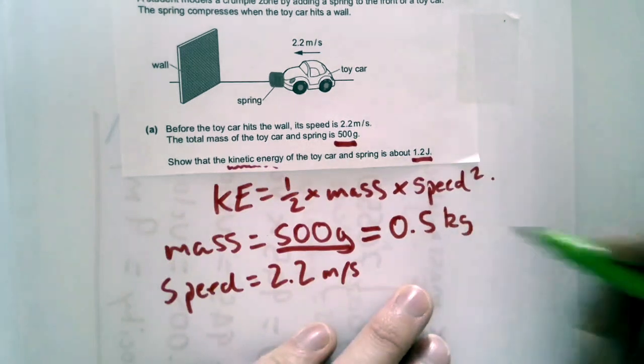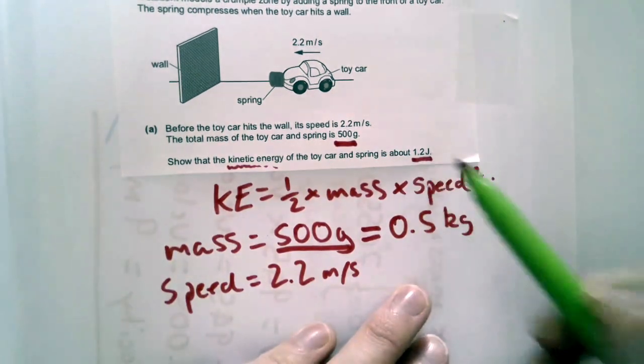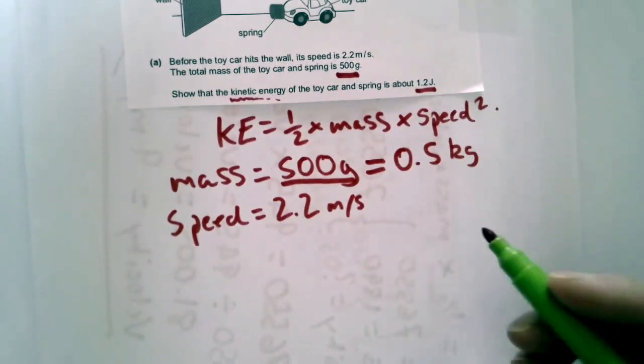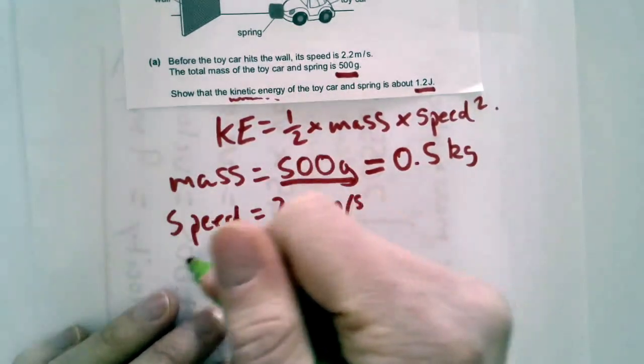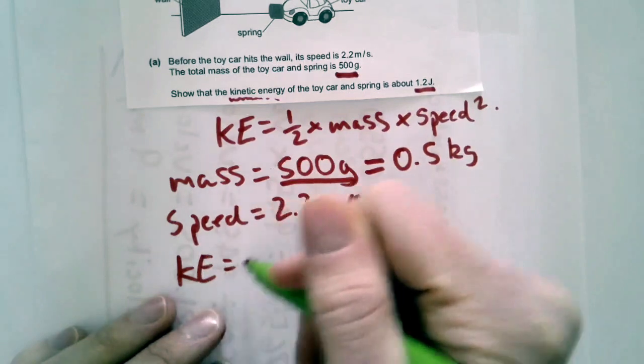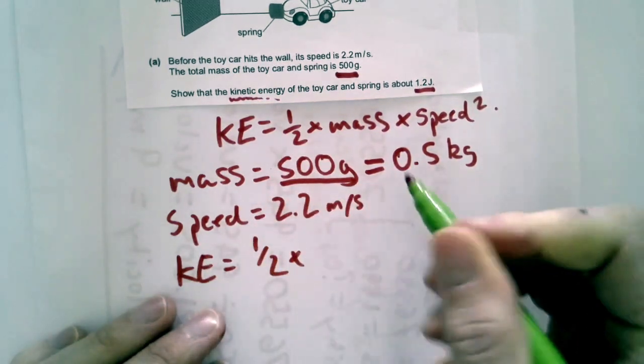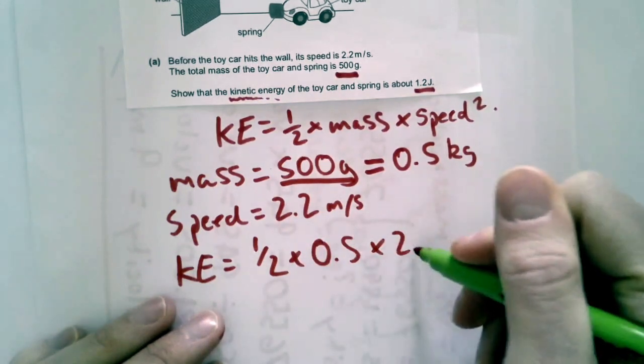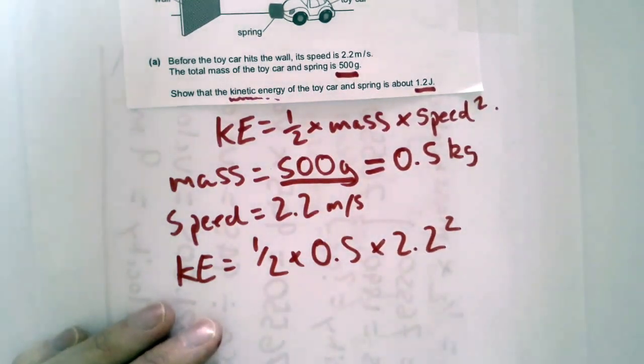If you don't do that conversion, your answer won't match theirs, and so you won't be able to get all the marks. So then it's just a case of putting it into your equation. Kinetic energy is equal to a half times my mass, 0.5, times my speed, 2.2, remembering to square it.